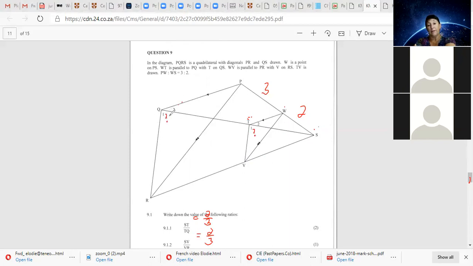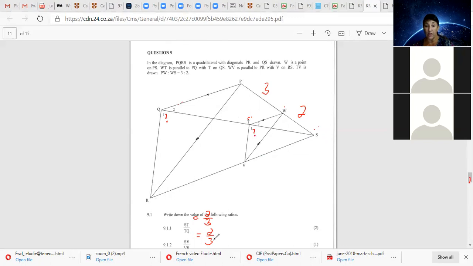The only way that those two can be equal is if these two lines are parallel, then they'll be corresponding. So if you can show that these two are parallel, so if you look at this triangle, that line and that line, if they were parallel, it would mean that that to that would equal that to that. And what was SV to VR?